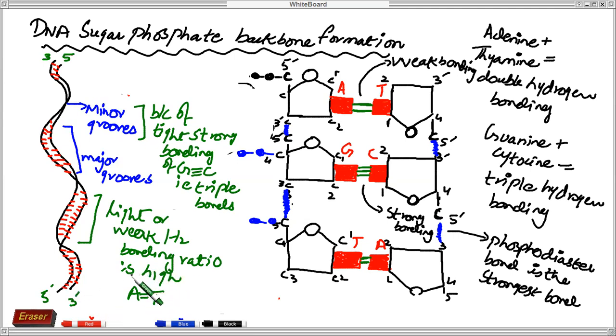That's how the sugar phosphate backbone is formed, and along with that, the DNA double helix structure is formed. Okay, now the replication.